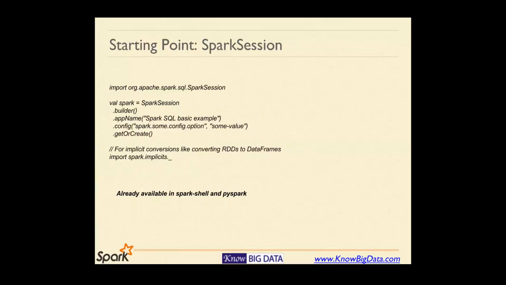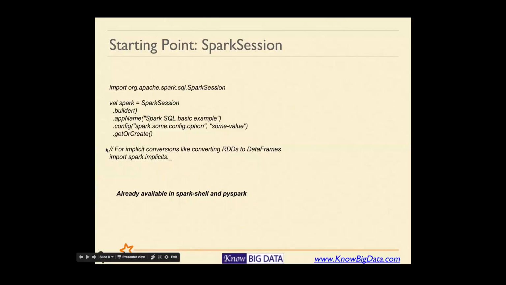So by default, you will get an object called spark in the shell. But if you are creating a program which will be submitted later, you will have to define your variable called spark. You will have to say spark equals SparkSession.builder, and you have to import this, .builder.appName.config, and then you have to import spark.implicits.